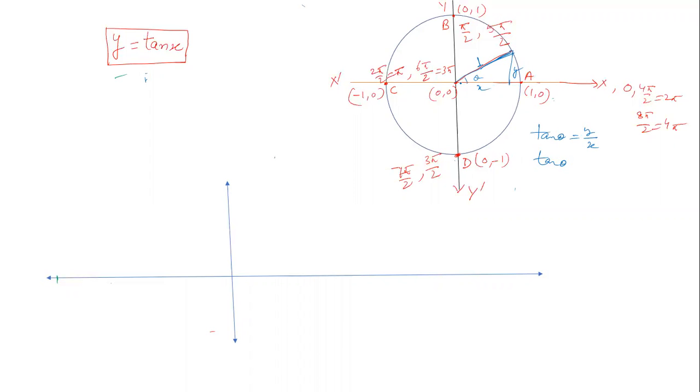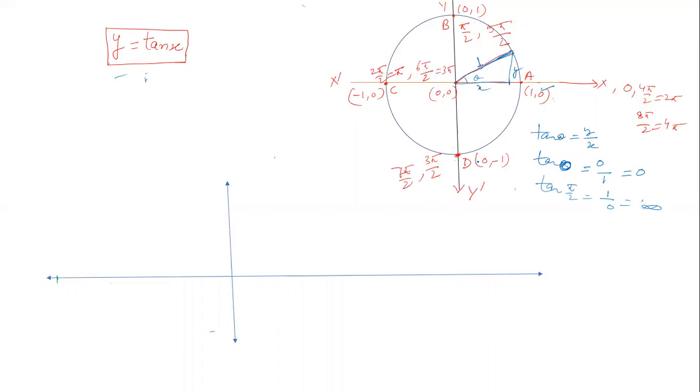If I want to find tan 0, that is y upon x, that is 0 upon 1, it is 0. And if I want to find tan of pi by 2, it is 1 upon 0, that is not defined.